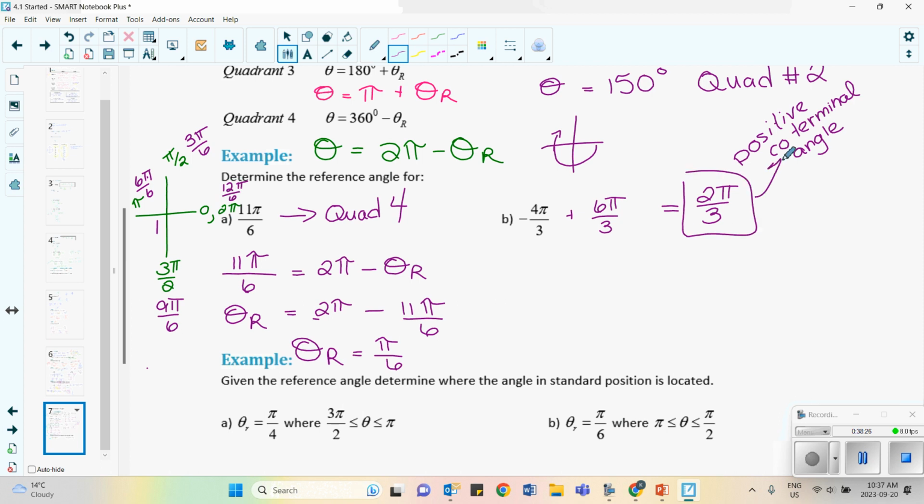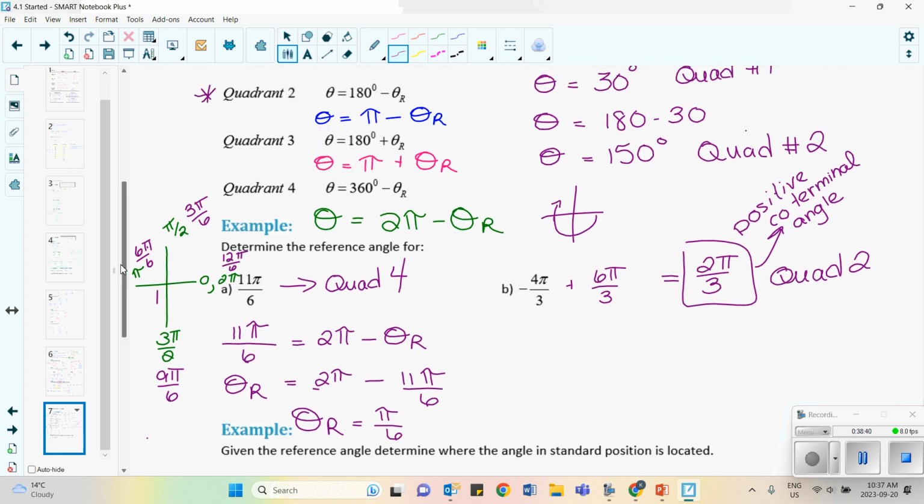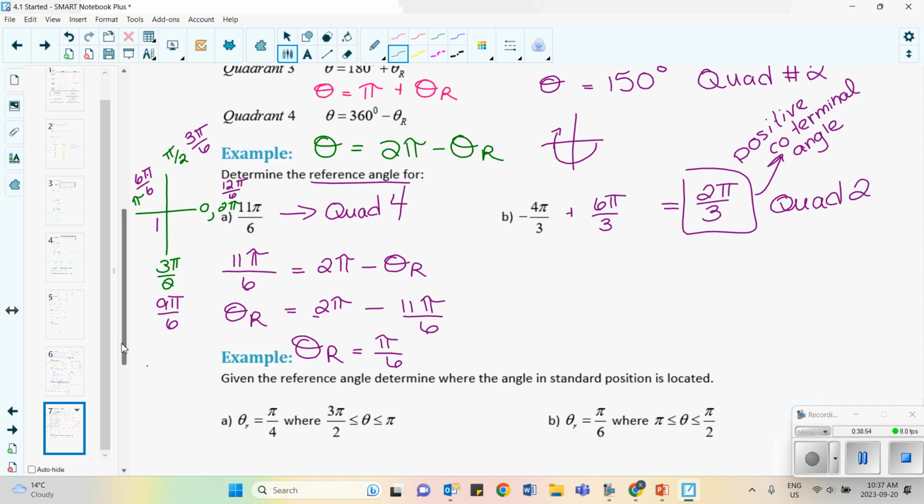So this was my positive coterminal angle. Using this, I'm going to use the rule. What quadrant am I in? Quad 2. What's the rule for quad 2? Let me scroll up. 180 minus theta reference. Is this my angle or is this my angle reference? Just angle, right? That's the given angle. The question's asking me to find the reference angle. So I'm going to have 2 pi over 3 equals 180 minus, no, why am I doing 180?